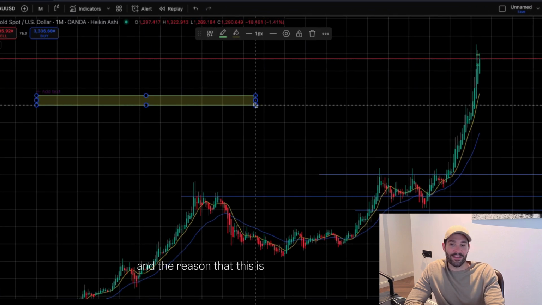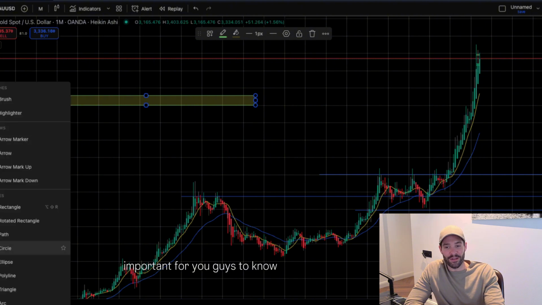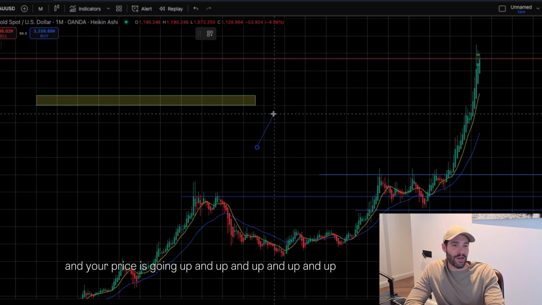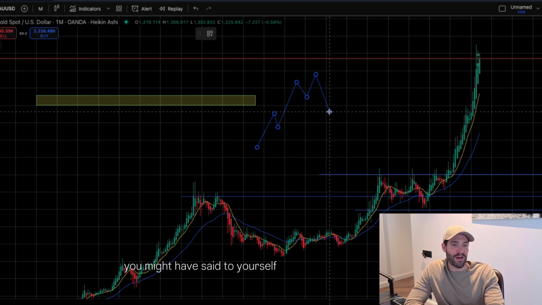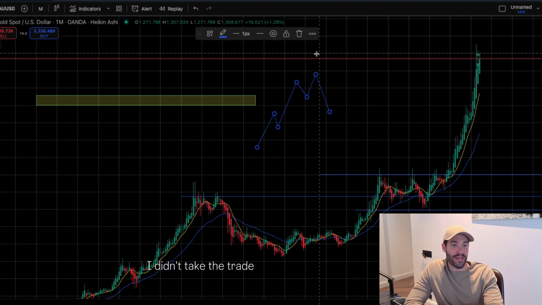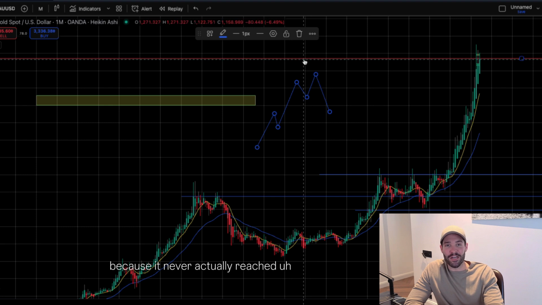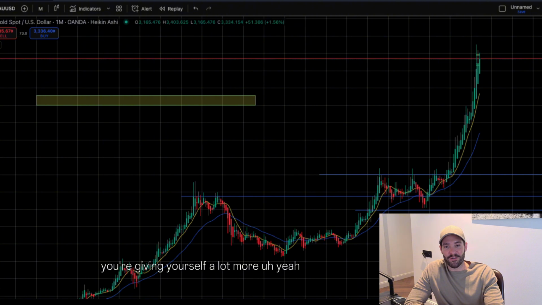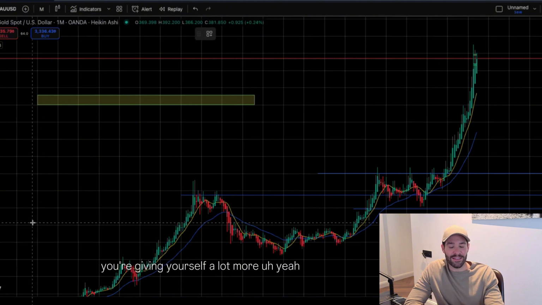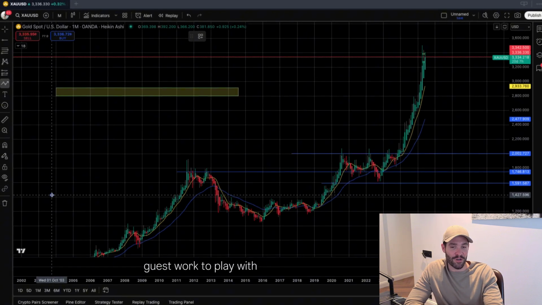And the reason that this is important for you guys to know is that if you're dealing with a straight line and your price is going up and up and up, and then it gets to there and it stops and then comes back down, you might have said to yourself, oh well, I didn't take the trade because it never actually reached the resistance line. Whereas when it's an area, you're giving yourself a lot less guesswork to play with.